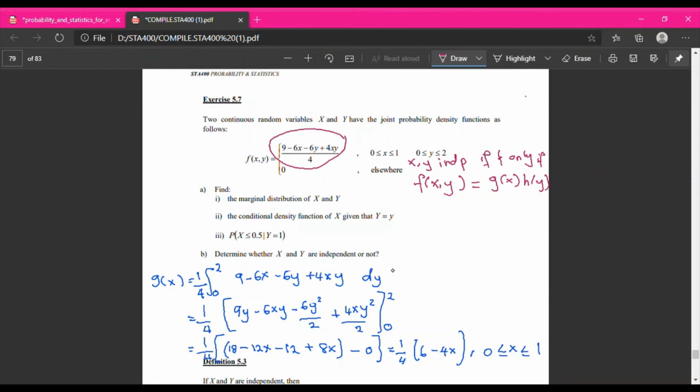So what do we get? Try gx multiply hy. gx is 1/4 (6 minus 4x), and hy earlier was 1/4 (6 minus 4y).